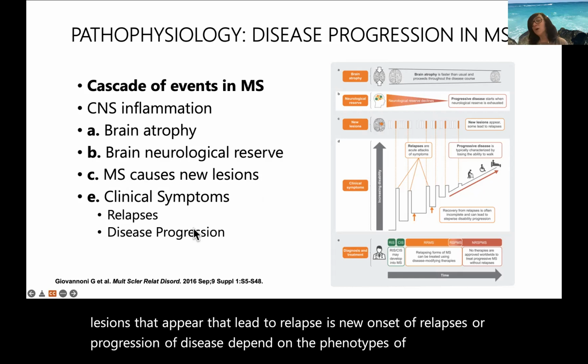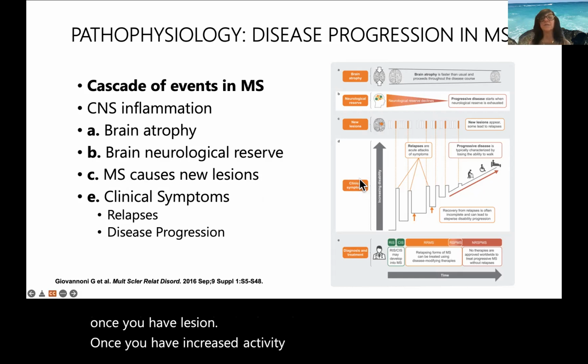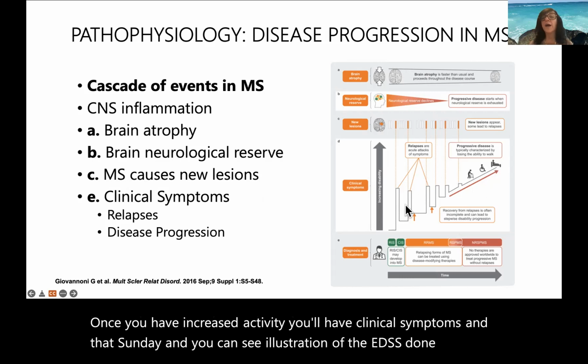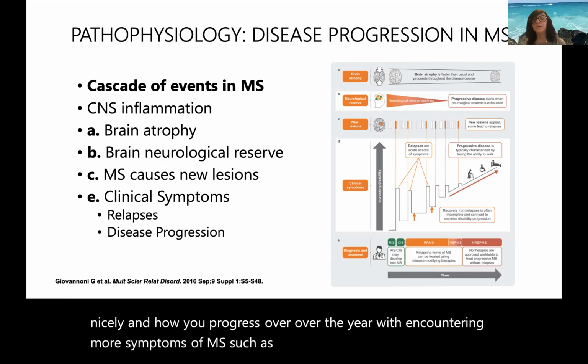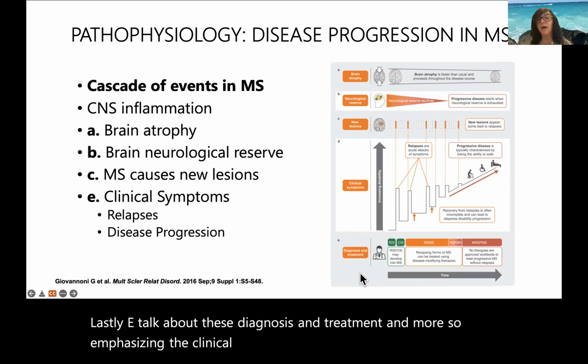And then once you have lesions, once you have increased activity, you'll have clinical symptoms, and that's under D. And you can see an illustration of the EDSS done really nicely and how you progress over the years, encountering more symptoms of MS, such as fatigue, numbness, and many others. Lastly, E talks about the diagnosis and treatment, more so emphasizing the clinical symptoms that you have over time.